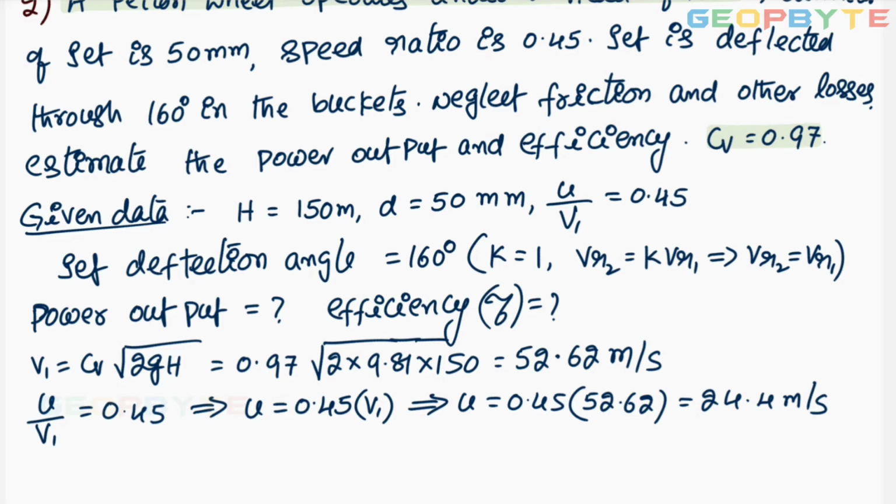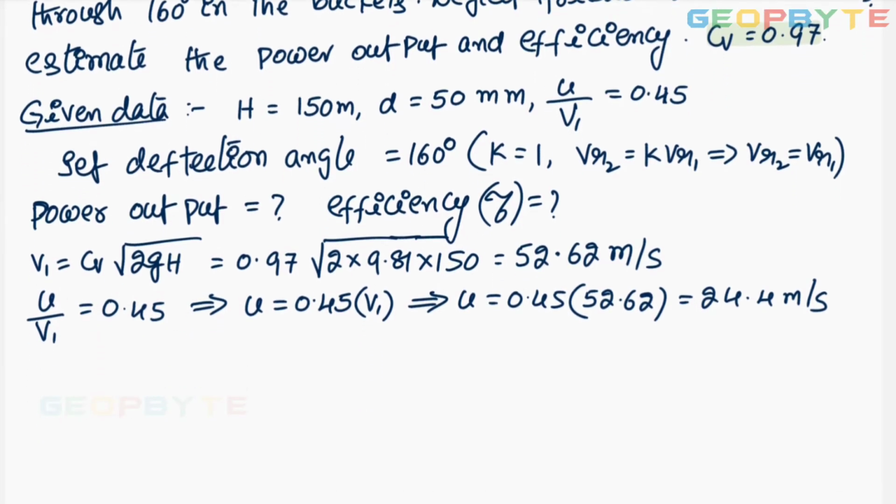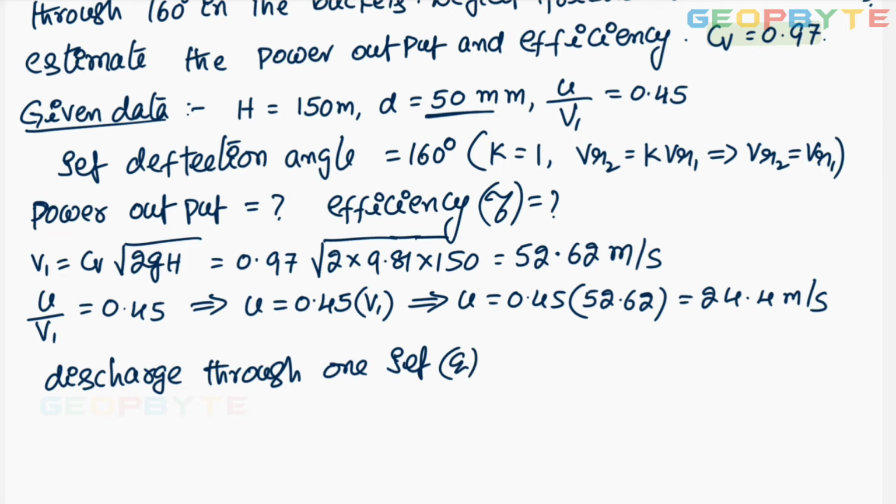Next, since the diameter of the jet is given, you can find the discharge. Discharge through one jet, small q equal to pi by 4 into d square into V1.